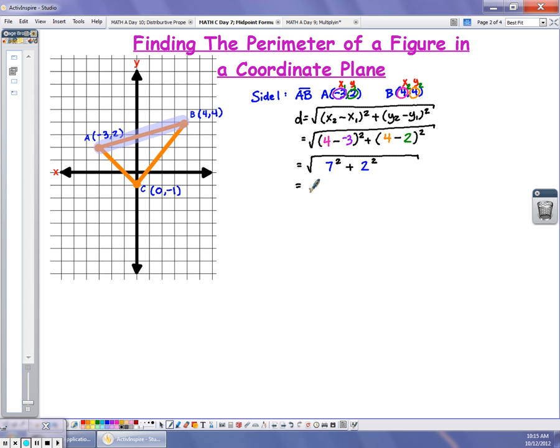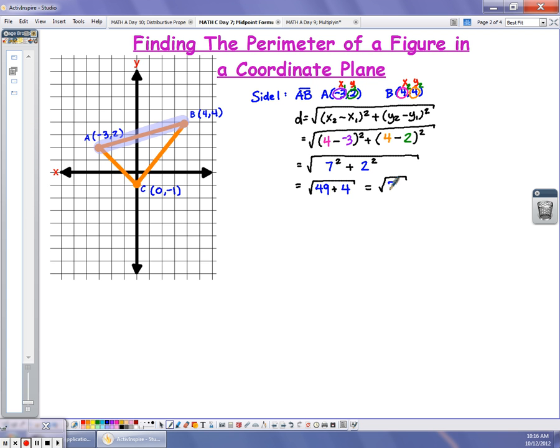Now I'm going to find out what 7 squared is. 7 squared will give me 49, because 7 times 7 is 49. I'll keep the plus sign, and 2 squared means 2 times 2, which gives us 4. We'll add those two numbers together. 49 plus 4 will give us 53. So now I have the square root of 53.